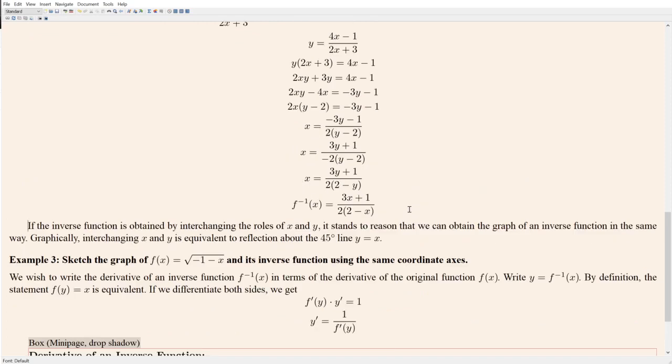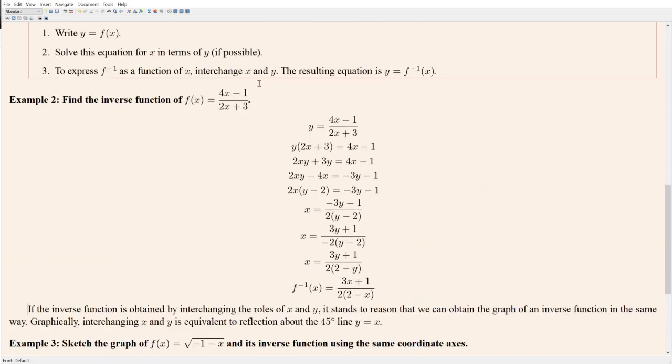Right. So this last stage, where we take y and transform it into x, where we're interchanging the roles of x and y, is suggestive for the graph. It suggests that the graph of the inverse function can be obtained by taking the graph of the original function and just switching the coordinates around.